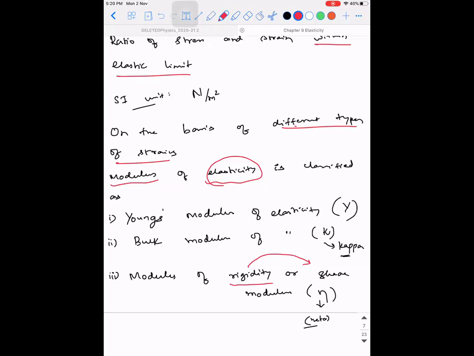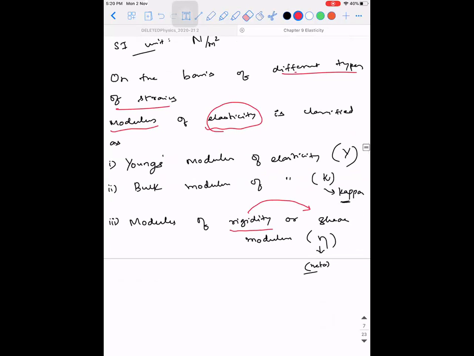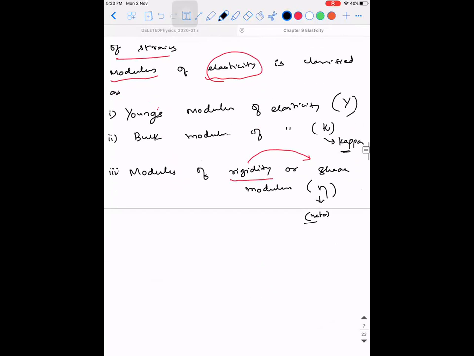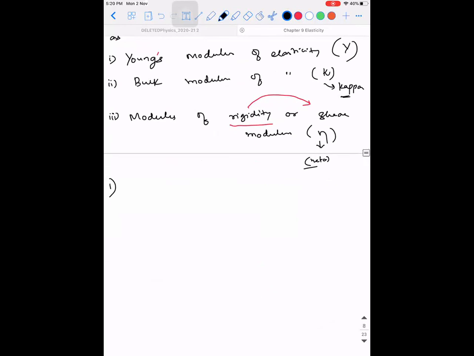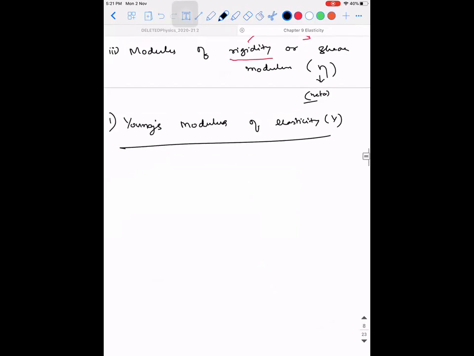Okay, so let's look at them one by one. I'm starting with the first one, Young's modulus of elasticity, which is represented by the symbol Y. Listen to this.